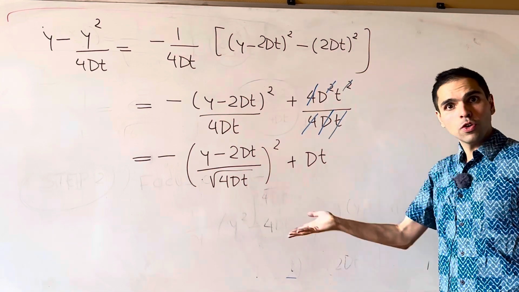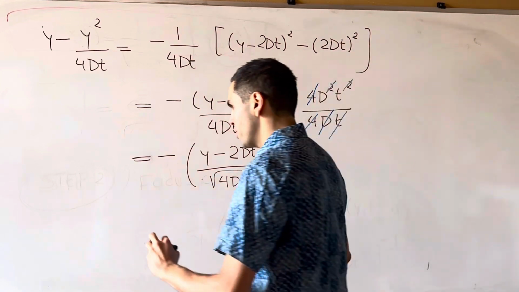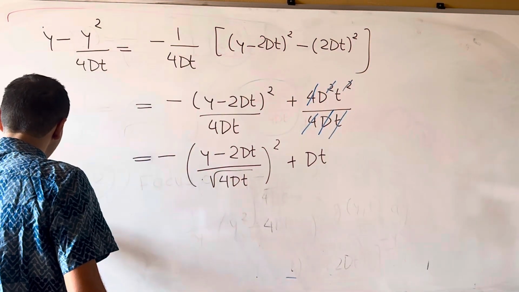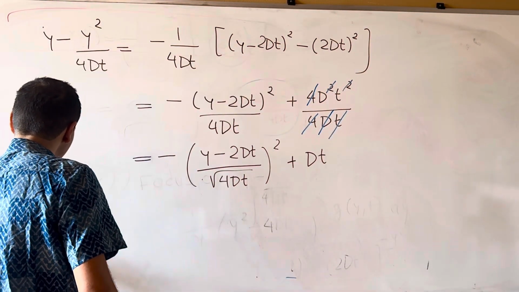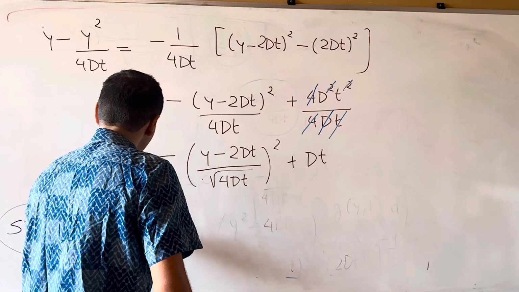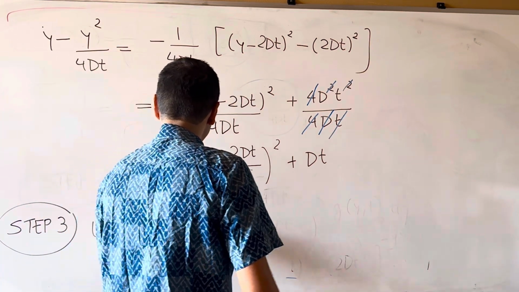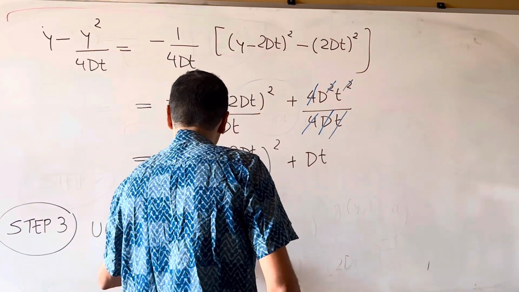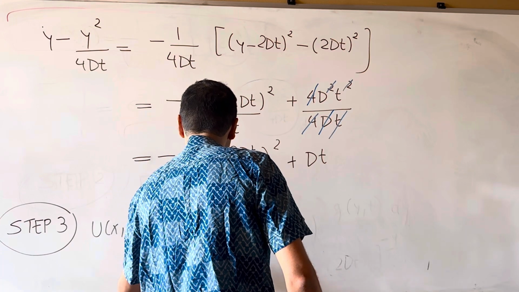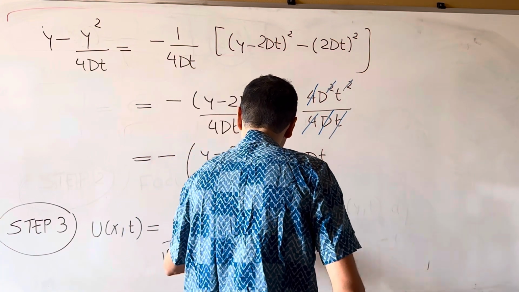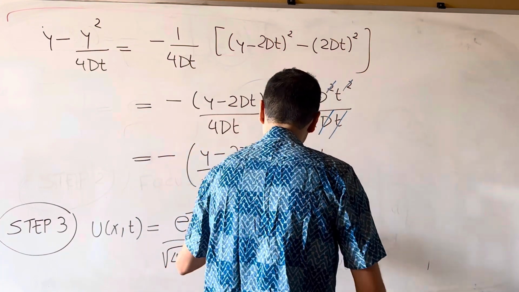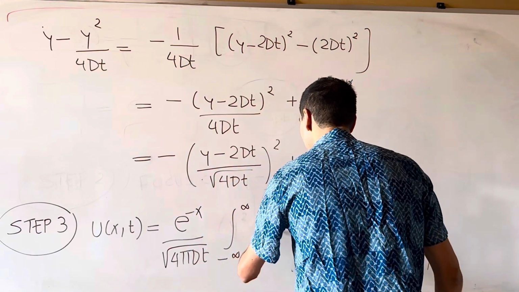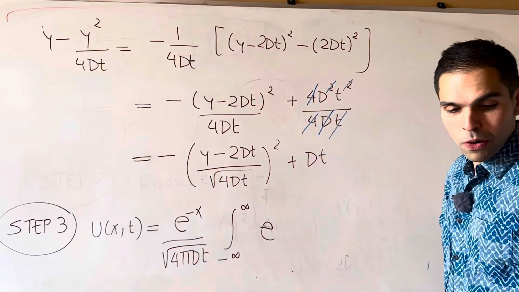So now we need to go back to the original integral. So step 3, if I'm not mistaken. So u(x,t), so remember there was this e^(-x) over square root of 4 pi dt. And now the integral from minus infinity to infinity with our new and improved exponent.